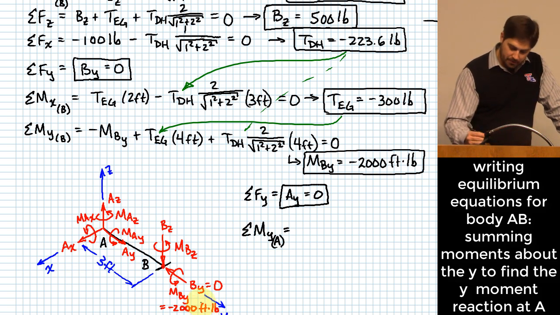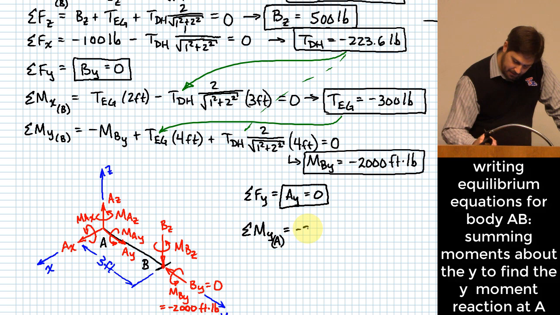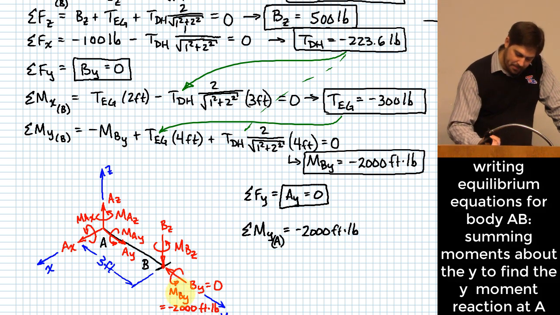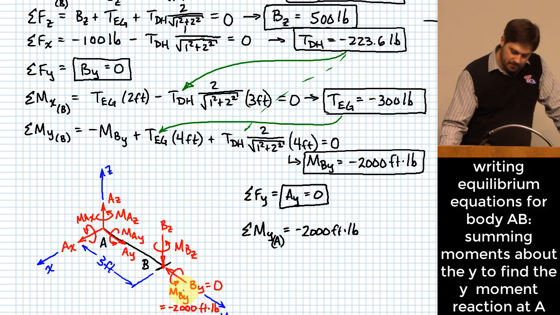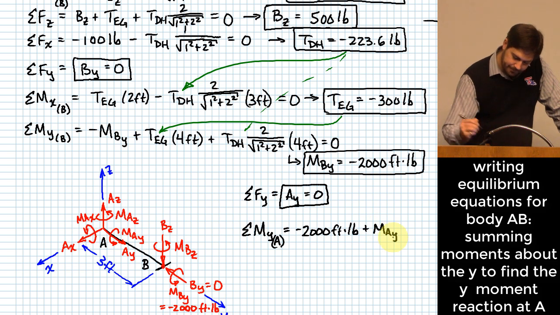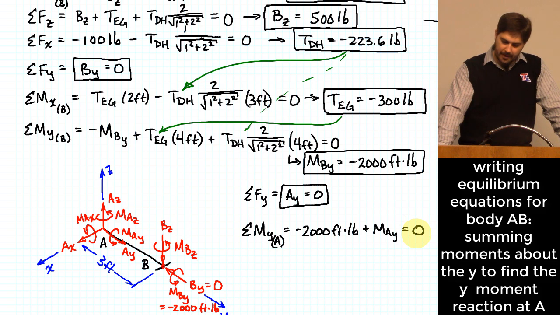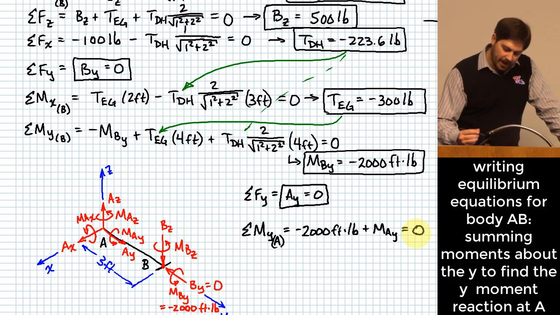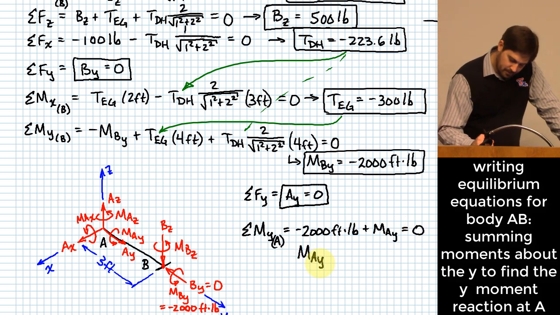So this ends up being negative 2,000 foot-pounds due to that moment applied at B. Anything else that creates moments around this axis? MAY. So what does this tell me about MAY? Positive 2,000 foot-pounds.